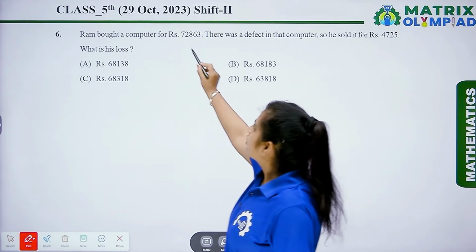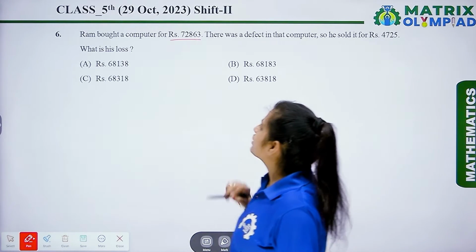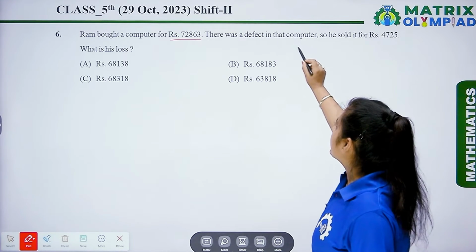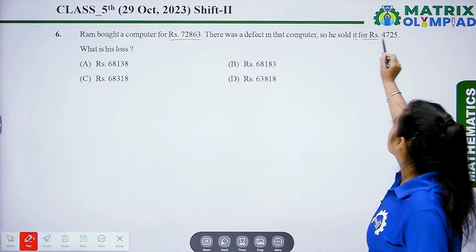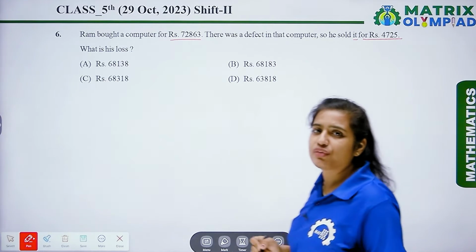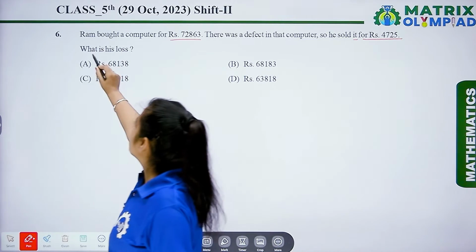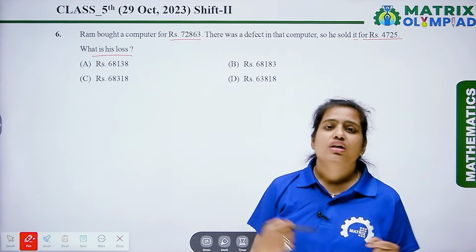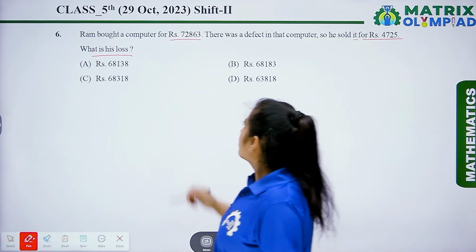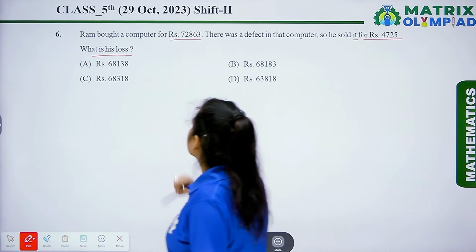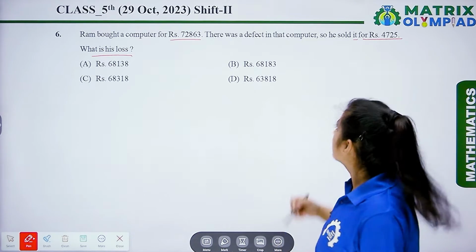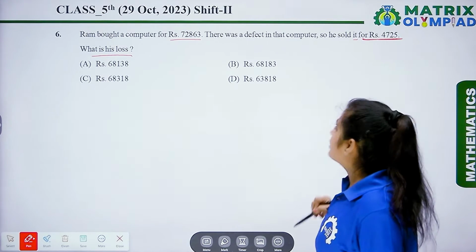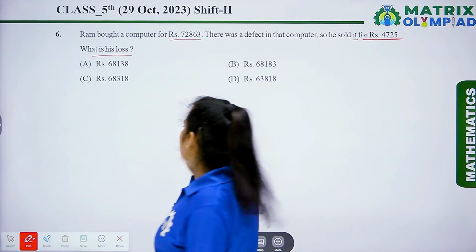Ram bought a computer for rupees 72,863. There was a defect in that computer, so he sold it for rupees 4,725. What is his loss? So we have to find out the loss. So here we know the cost price of that computer and we know that computer was sold for rupees 4,725. So what we are going to do?